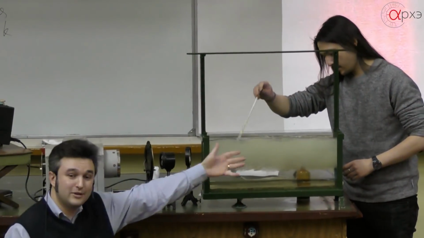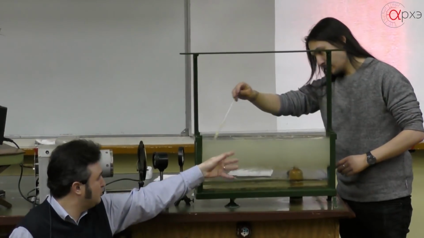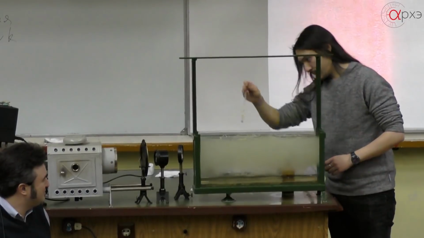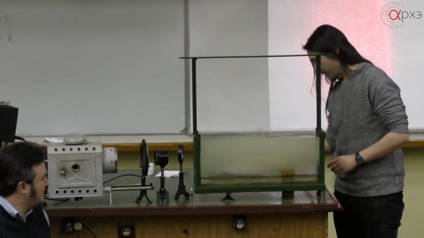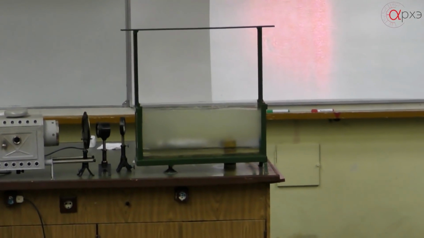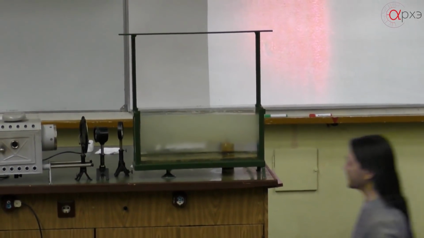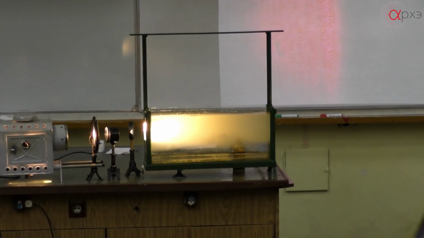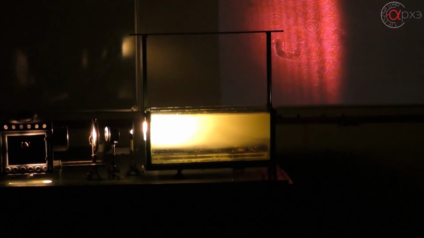So we add a little bit of extra particles, but not too many. So if we mix it and now shine a light through this tank. Right. Now, let's see what happens.